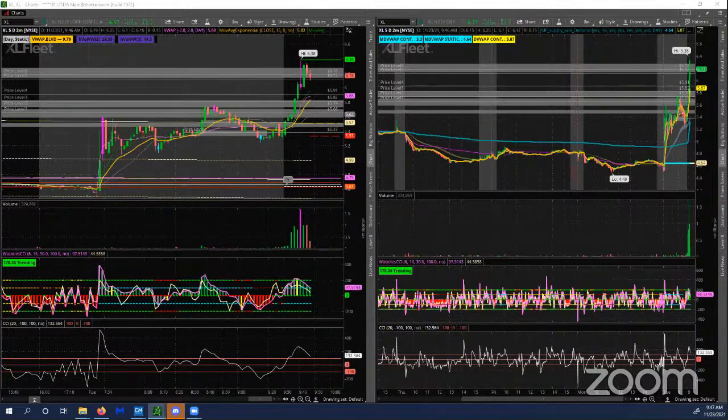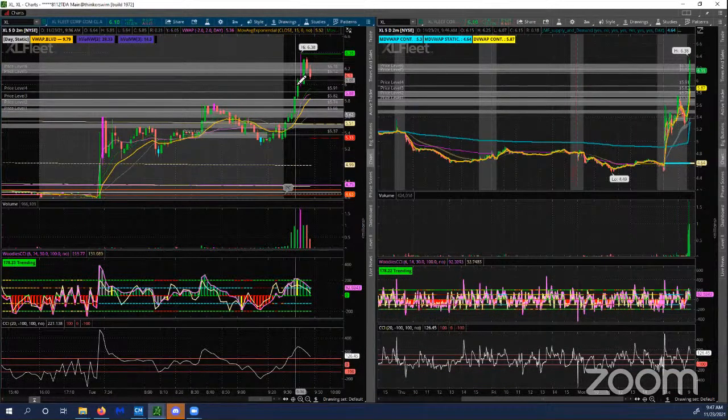This is going to test the break of the 15 EMA for the first time, but that candle did not close. So we're actually looking for this mother bar right here, potentially.